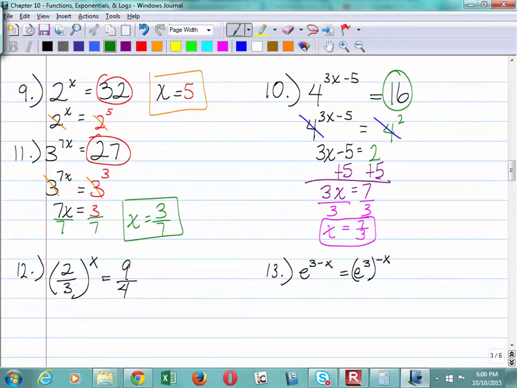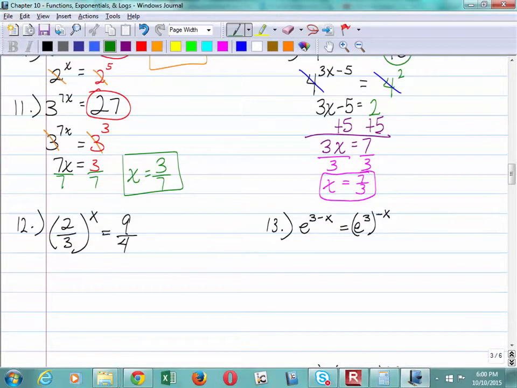Number 12, I have 2/3 to the power of x equals 9/4. Well, I know that 2 squared is 4, and I know that 3 squared is 9. So I just need to flip that over, and to flip over a fraction, you just use a negative exponent. So I'll bring down 2/3 to the x equals.